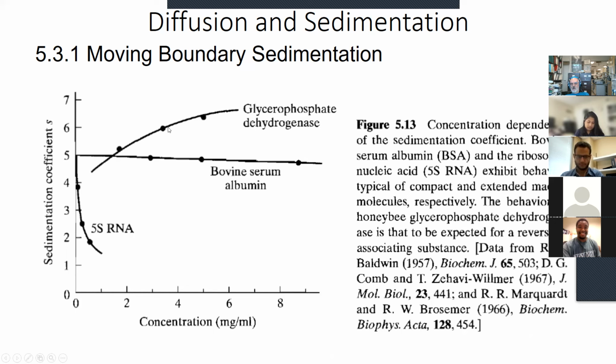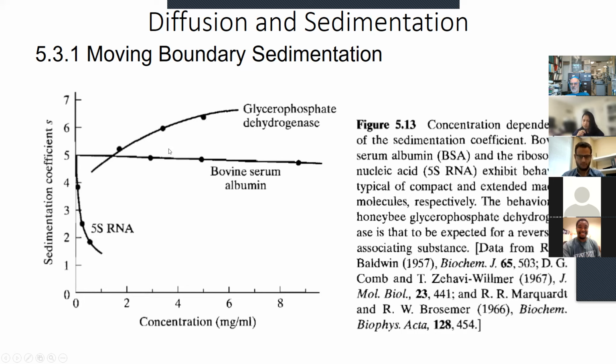Okay. A third example is glyceraldehyde phosphate dehydrogenase, which you can see they don't actually complete the extrapolation. They would have to have data points in this lower range. But what you can see is an increase in sedimentation coefficient. So what that suggests is that glyceraldehyde phosphate dehydrogenase is assembling into something.